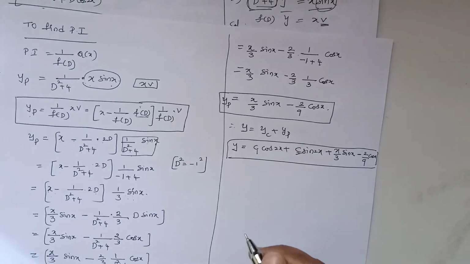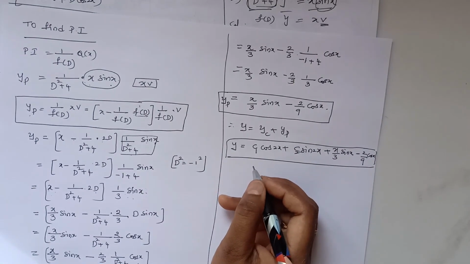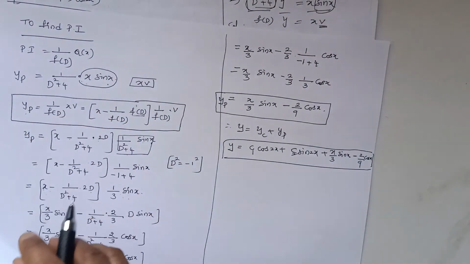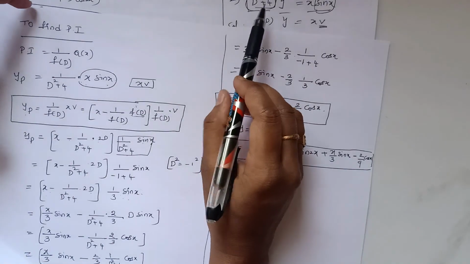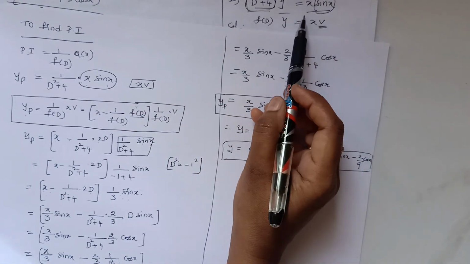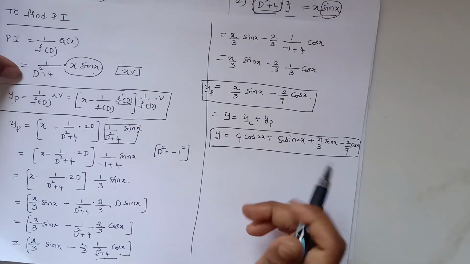Here this is the general solution of the given differential equation of the type f of d into y is equal to q of x, where q of x is x into sin x. Okay, this is about the second problem.